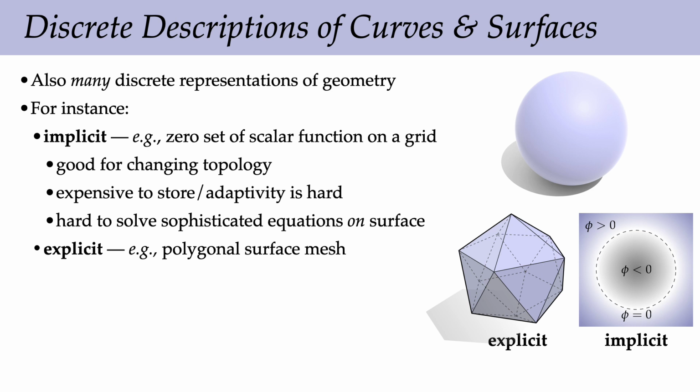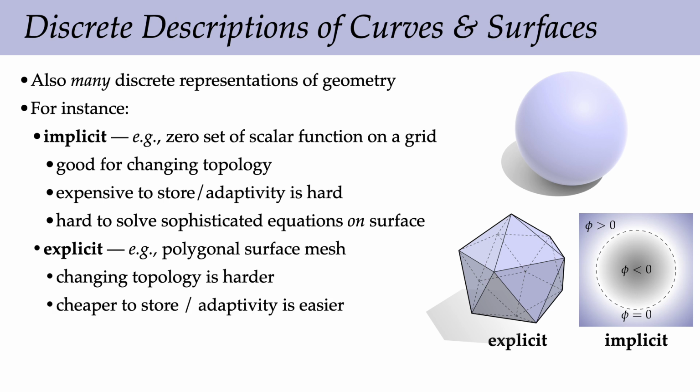I'm going to approximate the sphere with a bunch of triangles or other polygons. With this representation, changing topology is a bit harder. You can do it. There are ways to do it, but it's a little bit more painful. On the other hand, it's quite cheap to store these surfaces. You can get spatial adaptivity very easily, and so on. And in particular, there are much more mature tools for solving equations on surfaces.